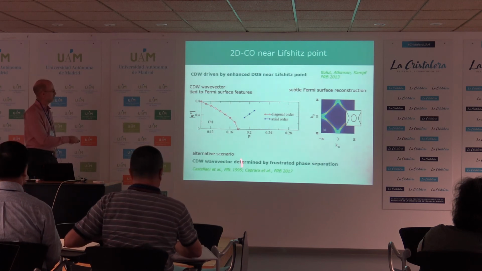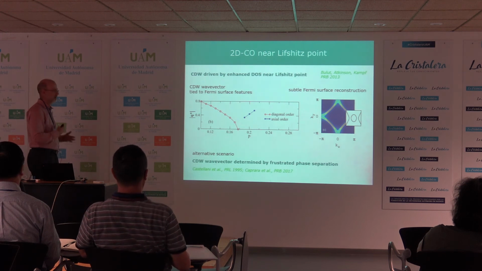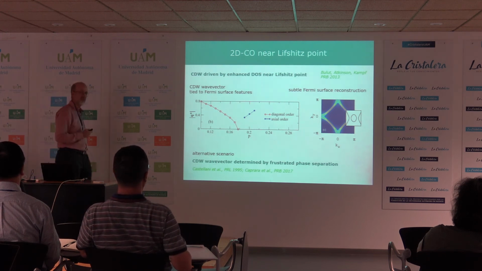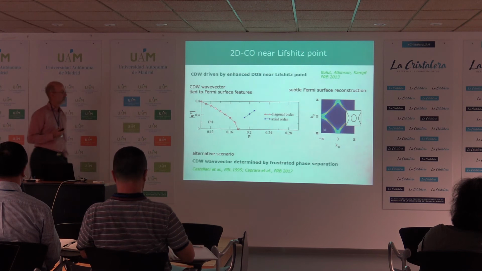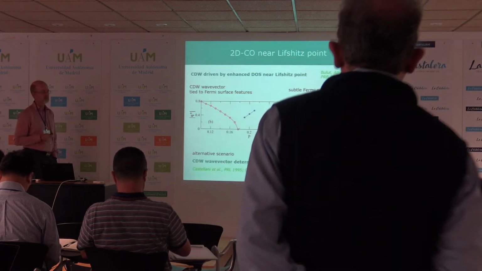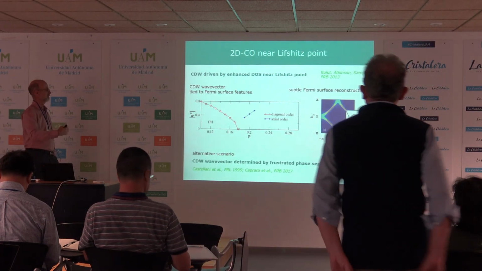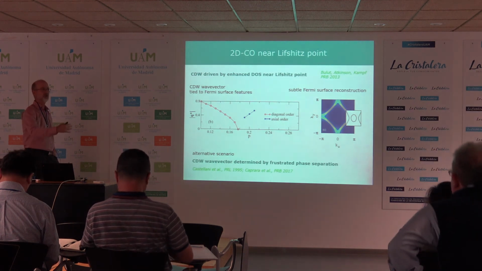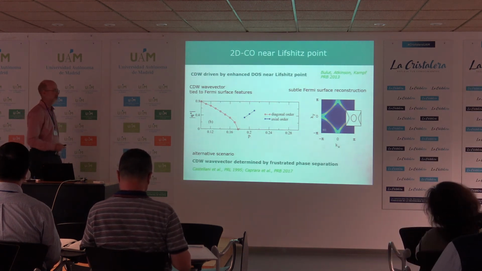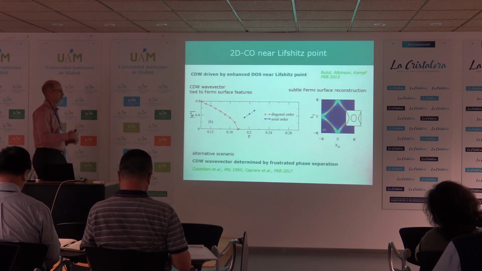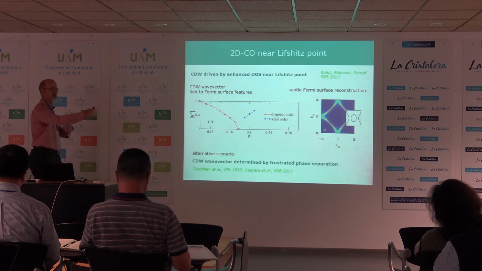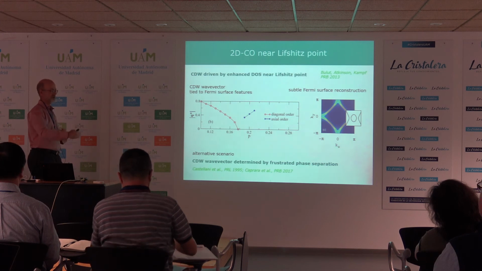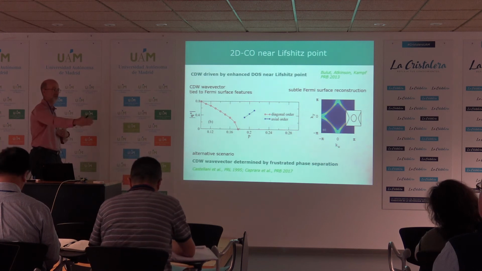But there's also an alternative scenario in which this charge density formation is not actually associated with the Fermi surface at all, but the wave vector is really characteristic of some kind of frustrated phase separation. It's more like a stripe-like picture where this, what we call charge density wave vector, is actually interpreted as a periodicity of this phase separation.